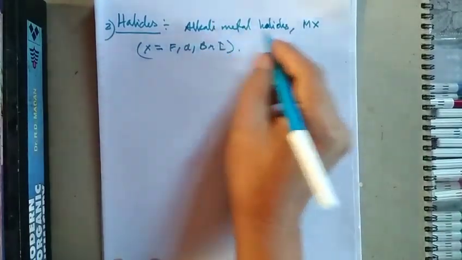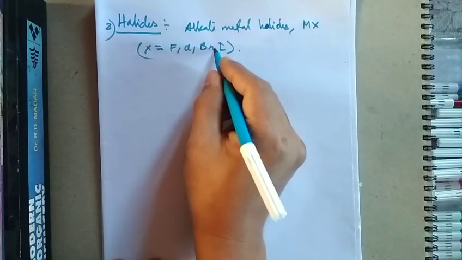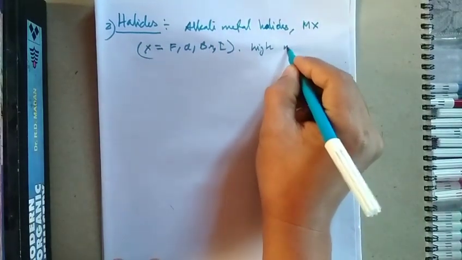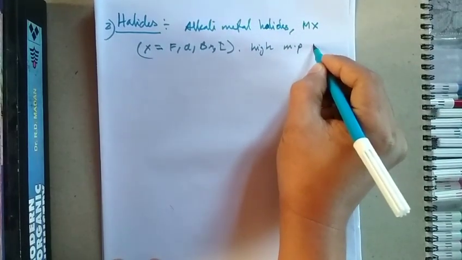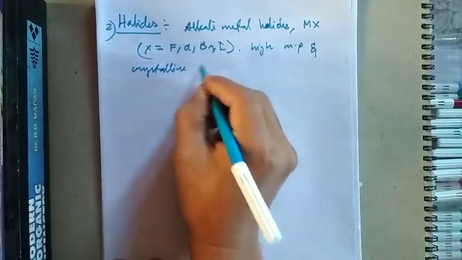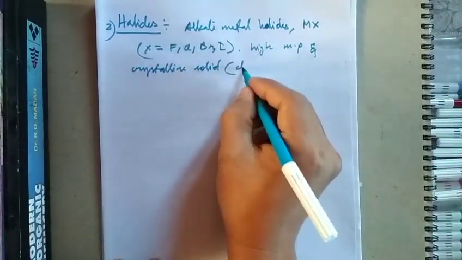So these alkali metal halides, MX, where X represents these elements, have a high melting point, and are crystalline solids, colorless.